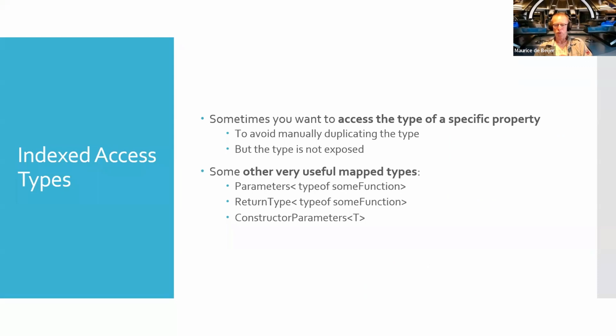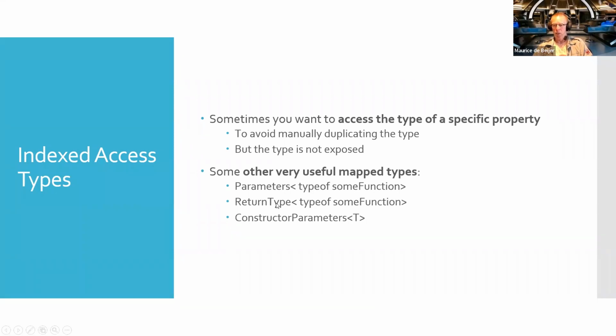There are a couple of other related functions I'm not going to use, but I want to mention. That's the Parameters type, the ReturnType type, and the ConstructorParameters type. Basically, with Parameters and ReturnType, you pass in the type of some function, and Parameters will return an array of all the parameters defined in that function. So again, if you import a function from an NPM library and they didn't expose the parameter types, you can get them this way.